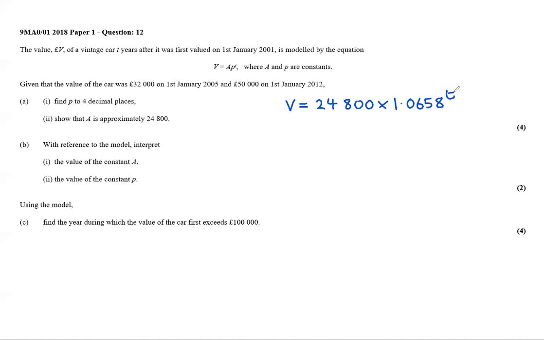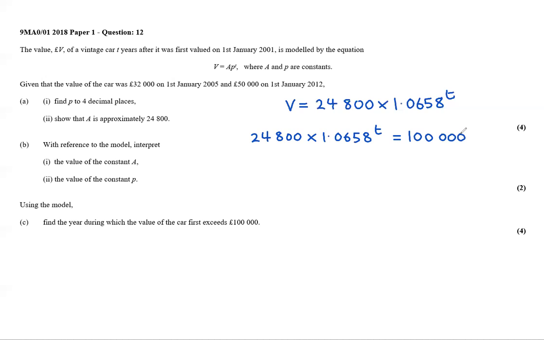Now, we want this value to exceed 100,000. So we're going to set up an equation. We have 24,800 multiplied by 1.0658 to the power T. When is that equal to 100,000? First of all, we want it to exceed 100,000, but let's see when it's equal to 100,000 first.